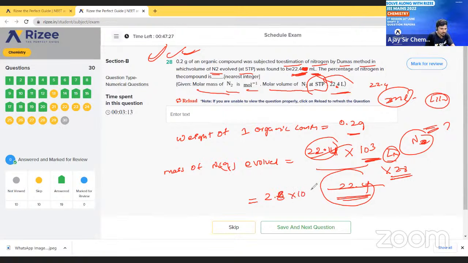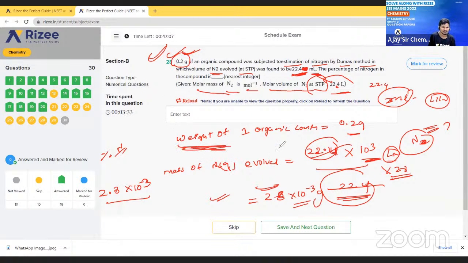So we get 28 into 10 to the power of minus 3 grams. Then we have to find the percentage of nitrogen. We divide this value by the weight of the organic compound given here, 0.2. Since we are calculating percentage, we multiply by 100.